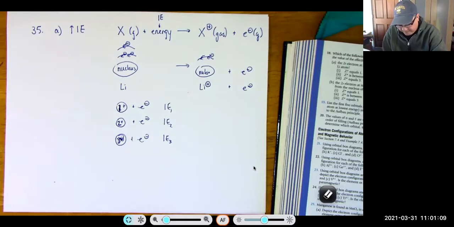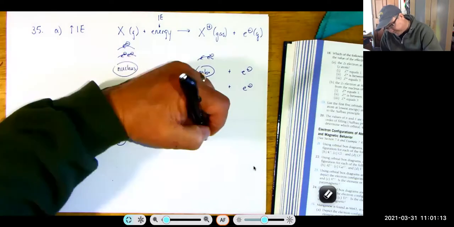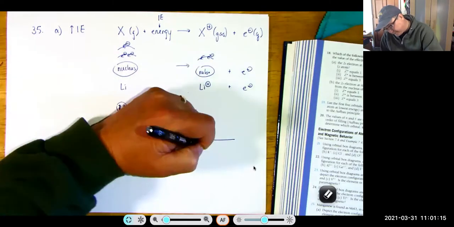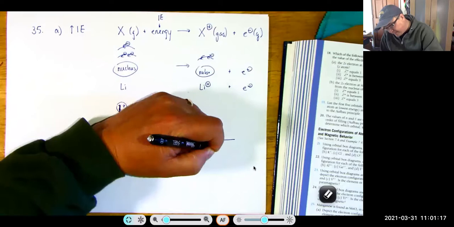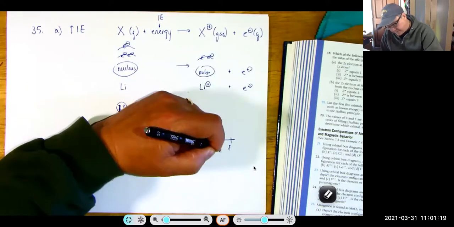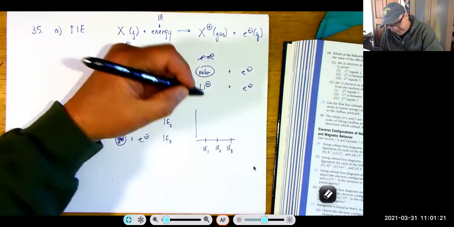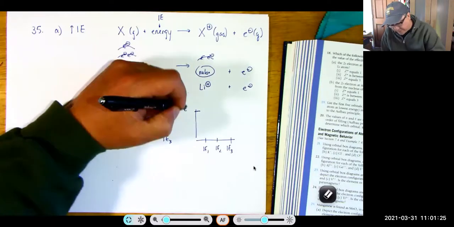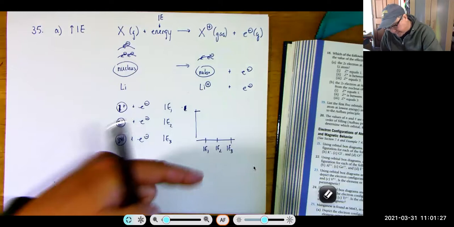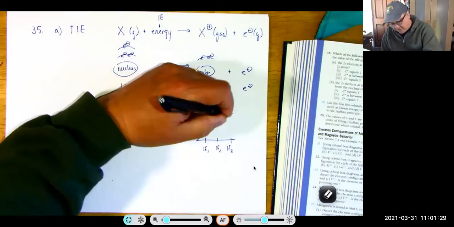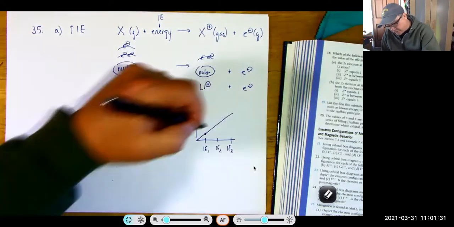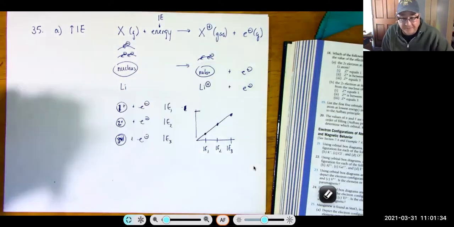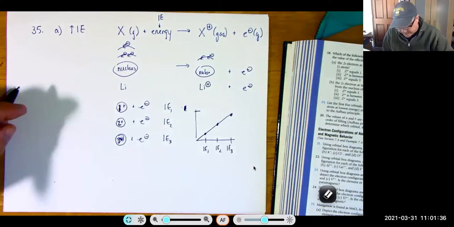Okay. And the hardness of these, if that's all that mattered, for these different ionization energies, you'd expect this. This one's that hard. This one's twice as hard. This one's 3 times as hard. That's what you would expect.